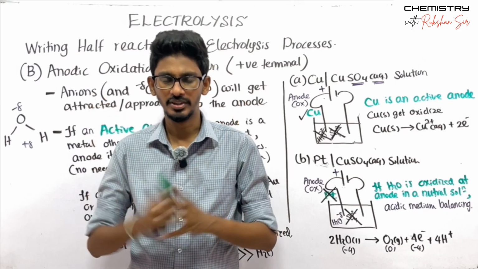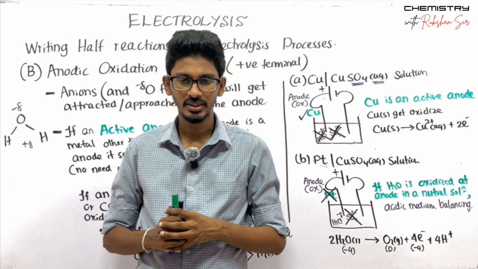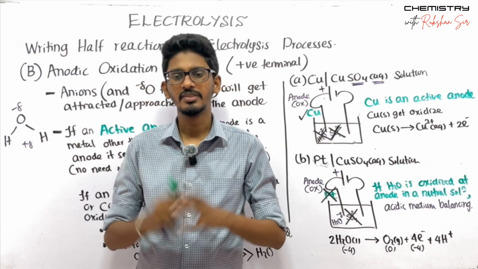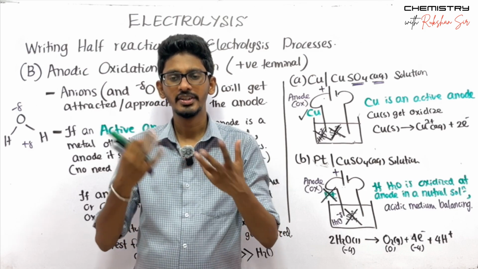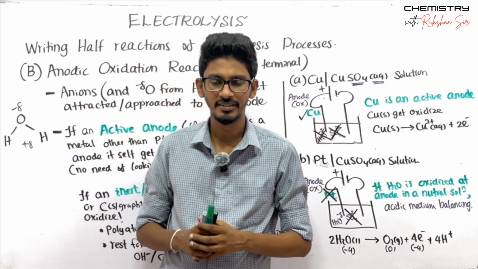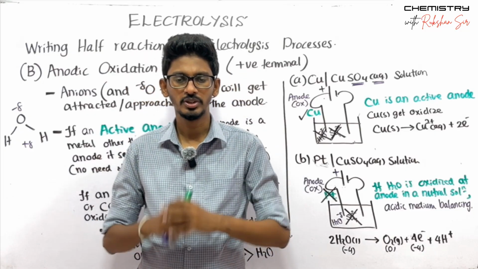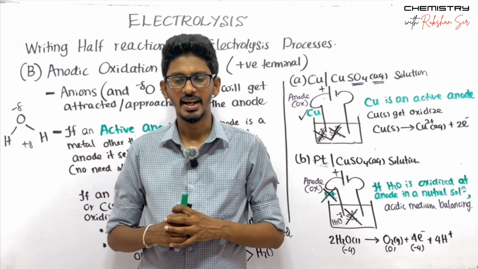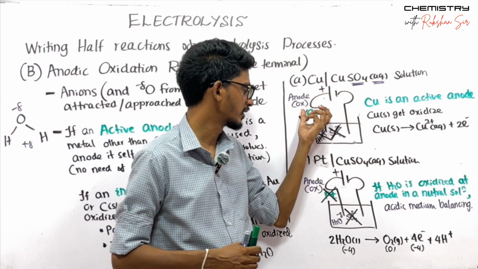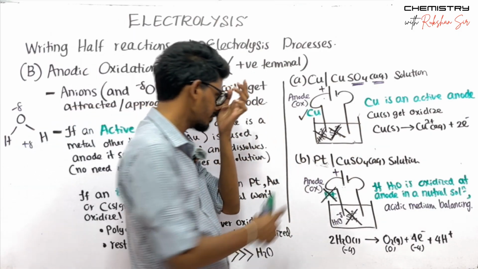If it is an active anode, that means the anode is made of a metal other than platinum or gold, then there is no need to look at the chemicals in the solution. The anodic metal itself gets oxidized and dissolved. No chance for the species in the solution. That is what happens here. As copper is an active anode, it oxidizes at the anode and dissolves. No chance for the species in the solution.